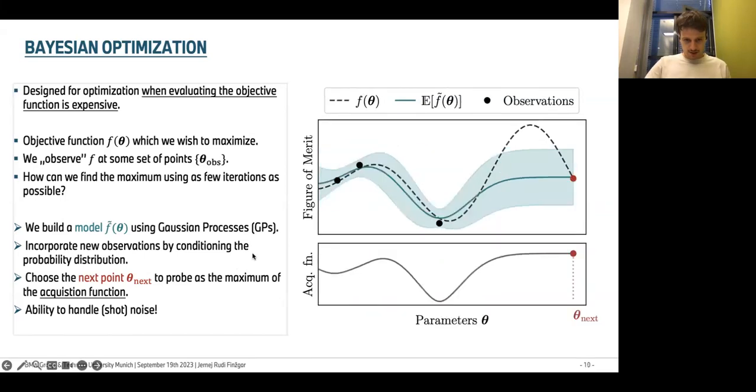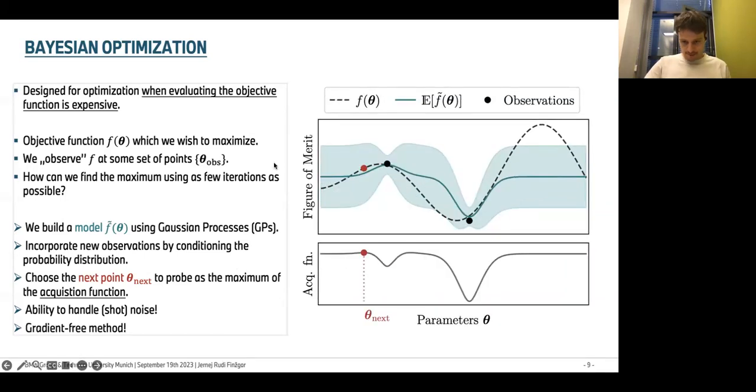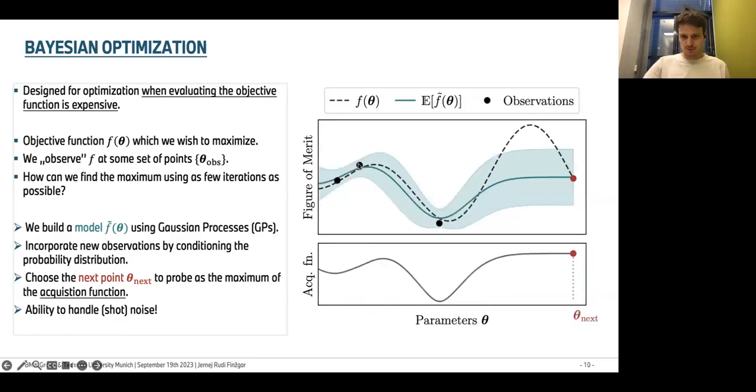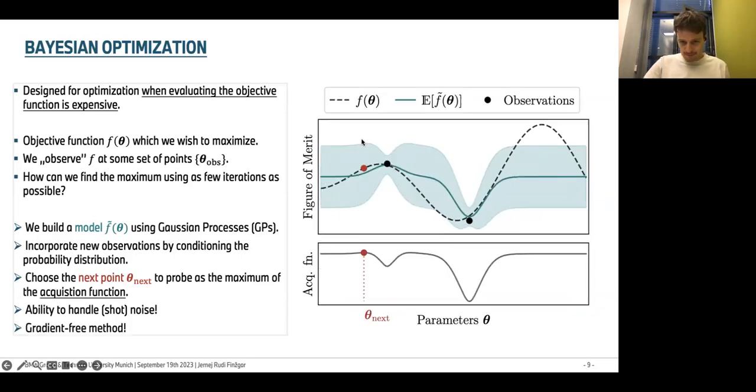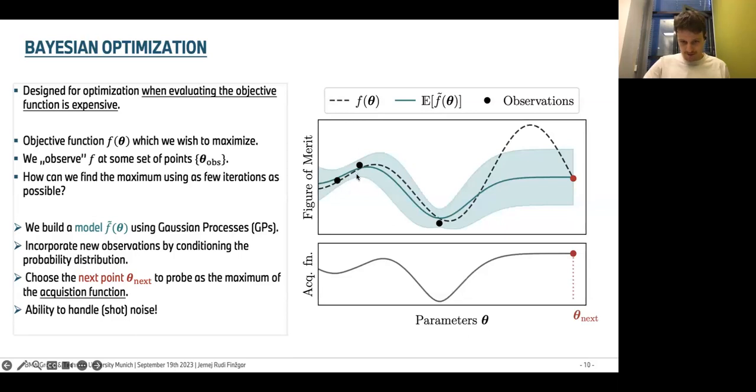So let's try to visualize how this works. Say we have a couple of observations that we have made here, in black. And then Bayesian optimization suggests that we next sample this red point, theta next. So how does the optimization proceed? We evaluate this point, and we update the model.